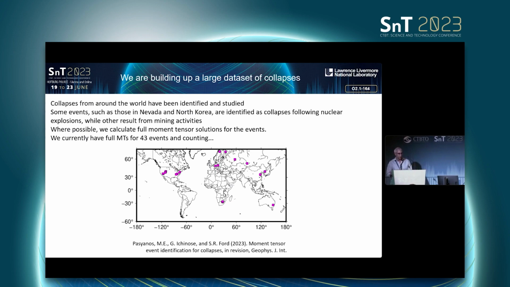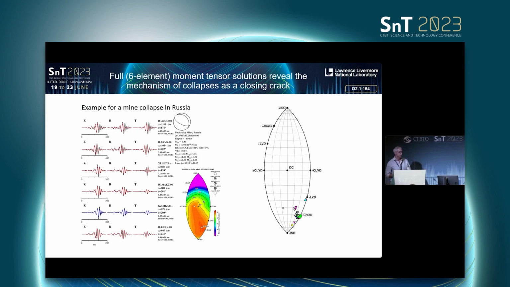Okay, moving on. This is a typical moment tensor solution for these events. This happens to be a mine collapse in Russia, I think it's magnitude 5.2, more or less. You can see that there are excellent fits. If we look at the beach ball, it's all implosive.